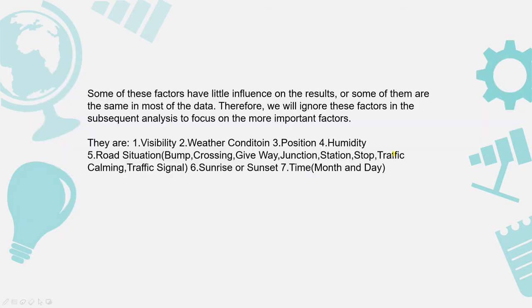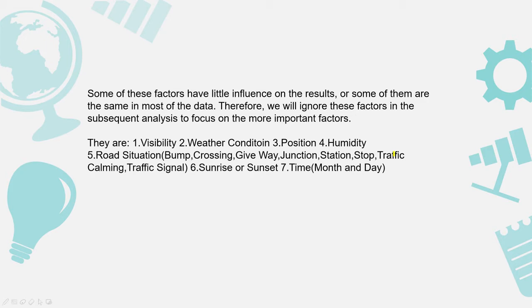Some of these factors have little influence on the results, or some of them are the same in most of the data. Therefore, we will ignore these factors in the subsequent analysis to focus on the more important factors. They are visibility, weather, position, humidity, road situation, sunrise or sunset, and time.